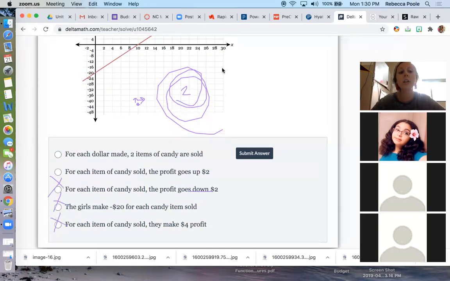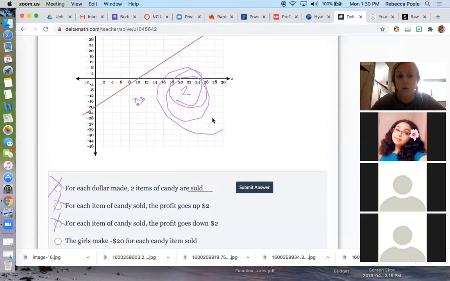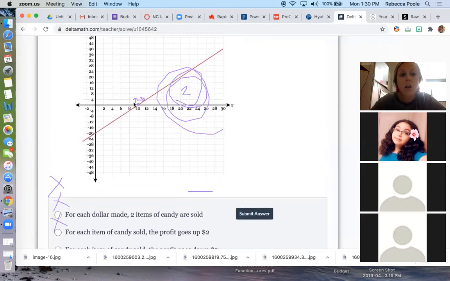All right, now if you look at your graph, we're looking at, did we sell 2 items of candy or did we make $2? So watch. When we go up 4 over 2, I want everybody to make sure you're watching this because the one on the test isn't going to be that easy to mark everything out. I think there's 2 of them you can cross out and then you have to look at the other 3. If we go up 4, do you guys agree that this axis was the money, right? So the money is what's going up 4.